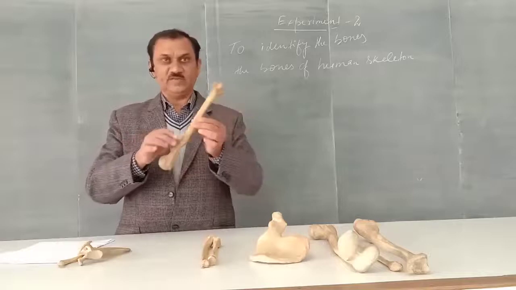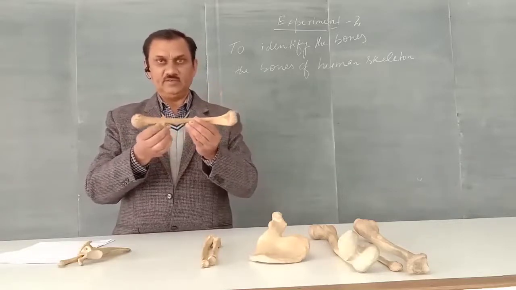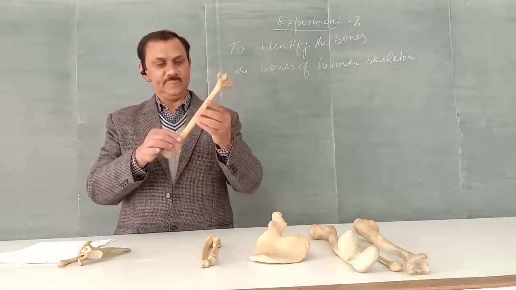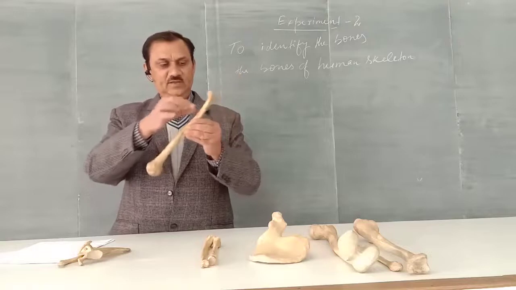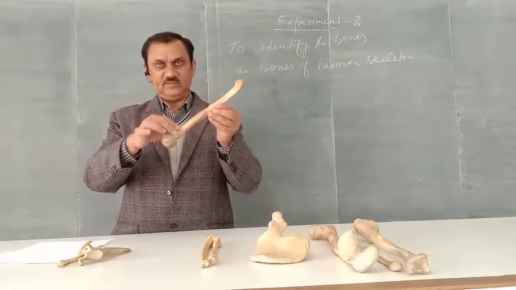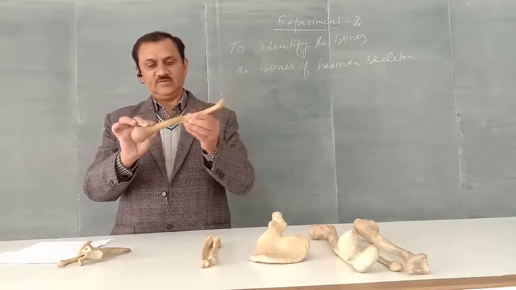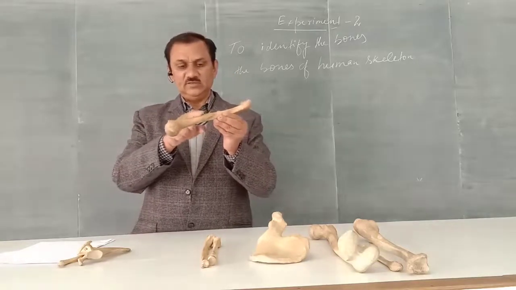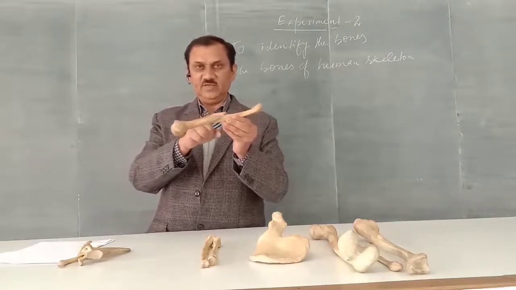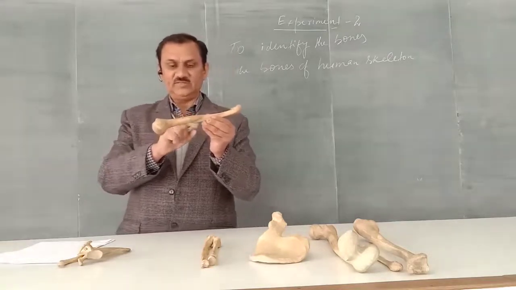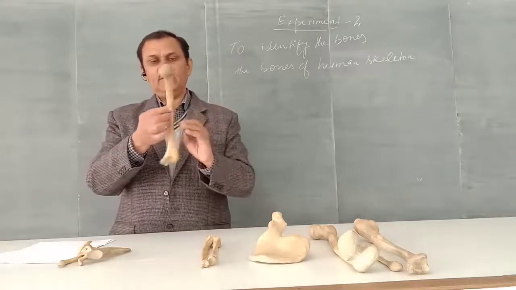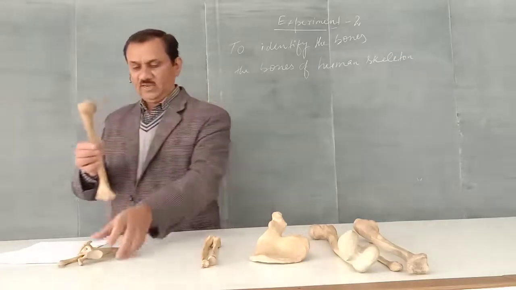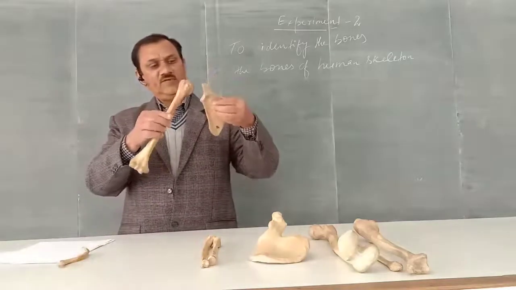This bone which is present in the upper arm is called the humerus. The humerus is a very strong and prominent bone. It has a very elongated or long shaft, and this elongated shaft possesses a triangular ridge which is called the deltoid ridge. So this is the identifying feature of the humerus. The upper end of this humerus, I mean the proximal end, fits into this glenoid cavity of the scapula.